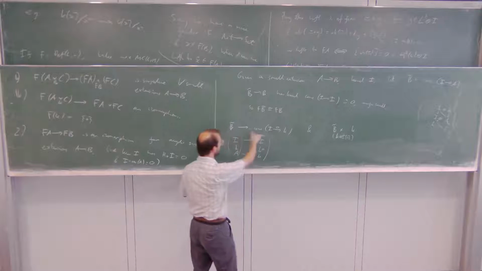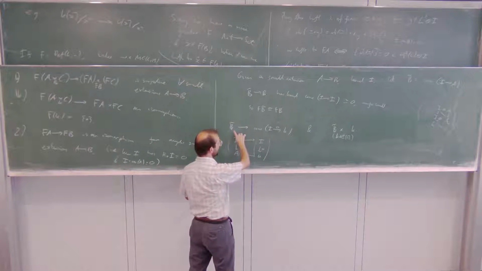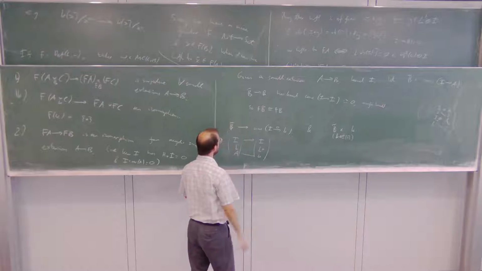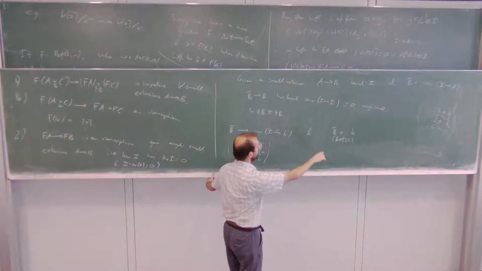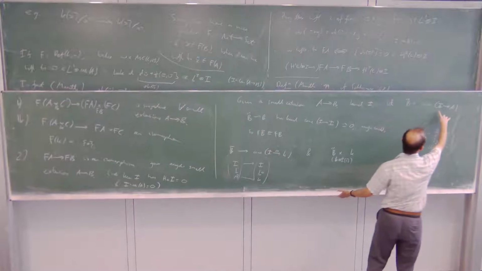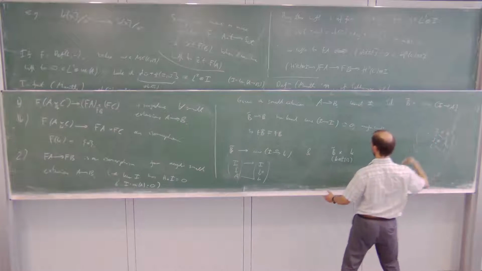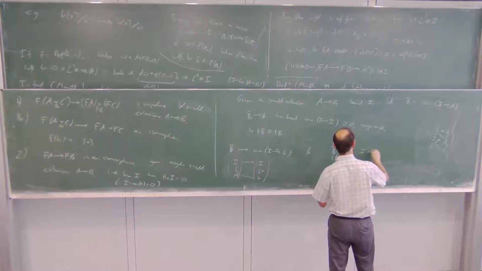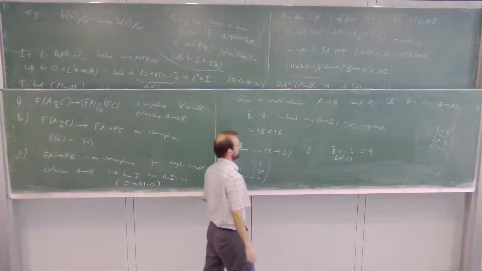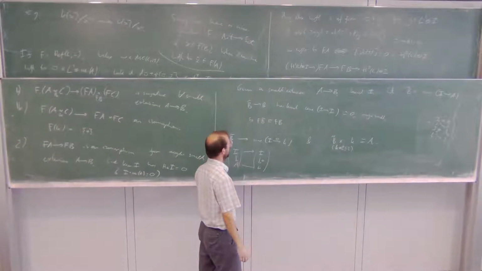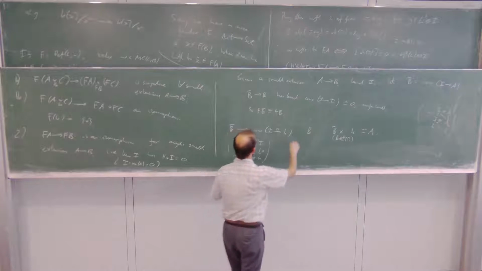We look at things in here which map to K in there. Well, B tilde, if we're looking at things that map to K in there, that means we're just killing I. So that's a copy of A.